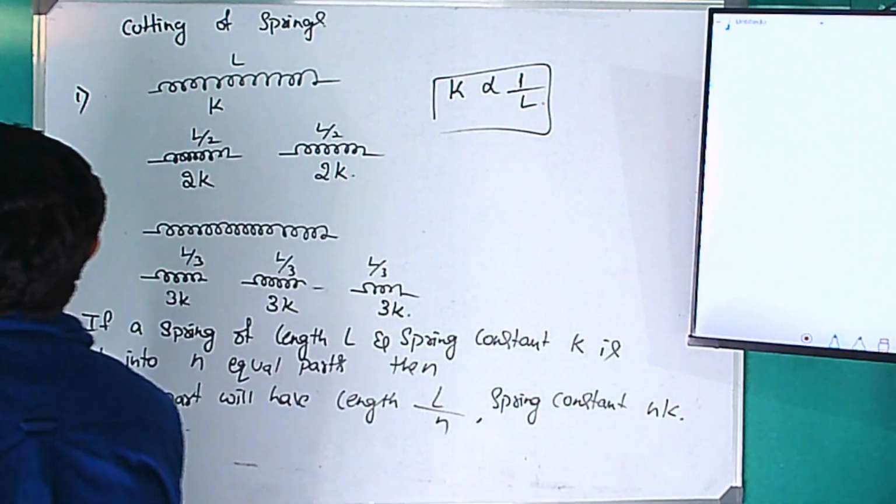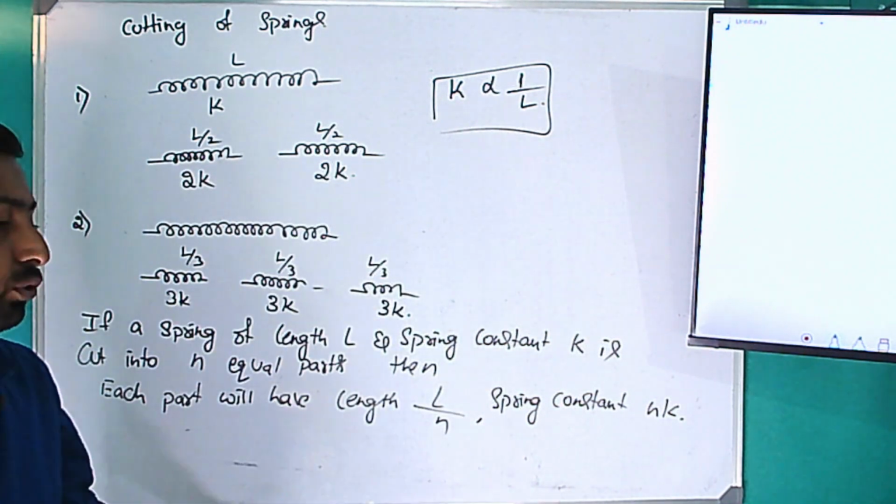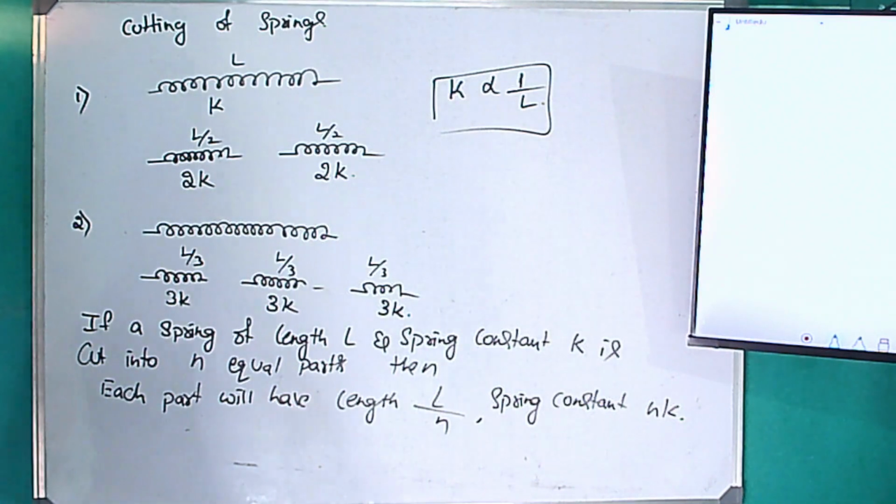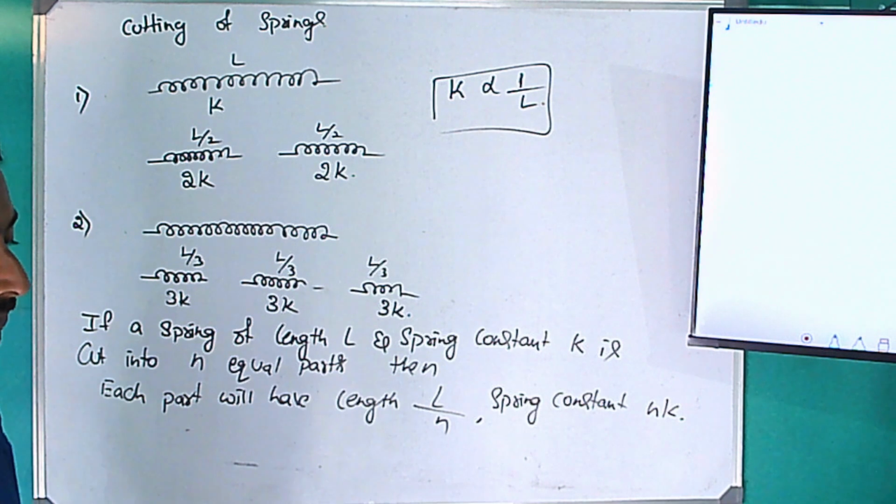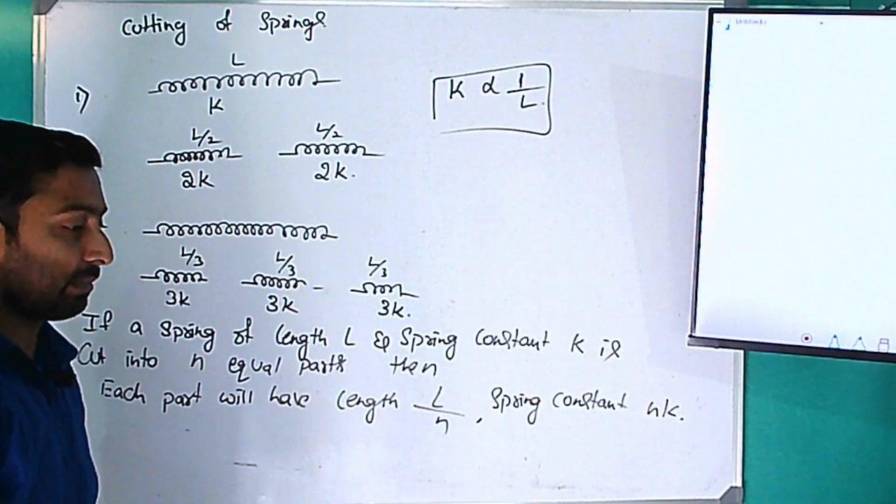So nK will be the spring constant of each new part, and L/n will be the length of each new part. Make a note. So I am going to consider some example.